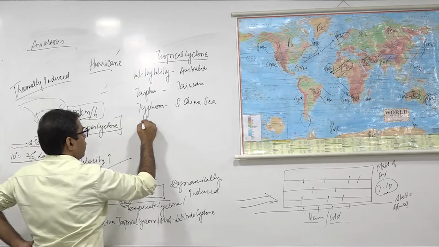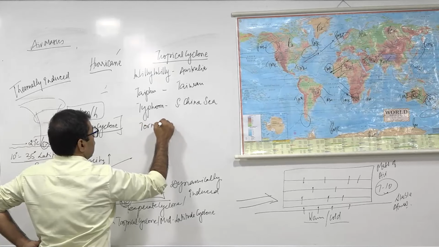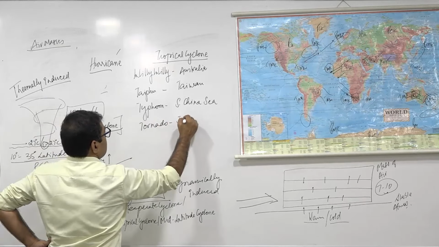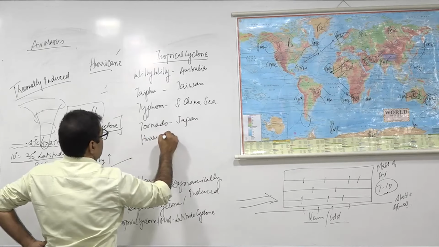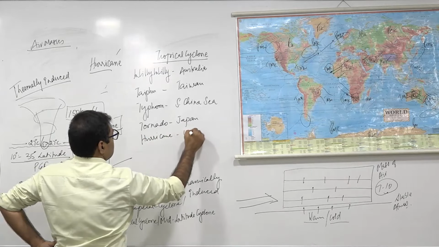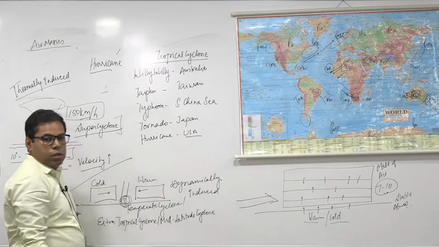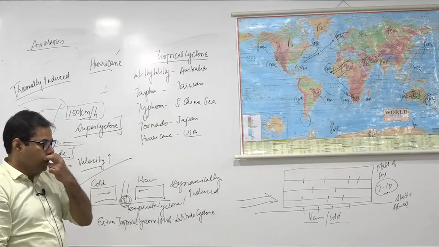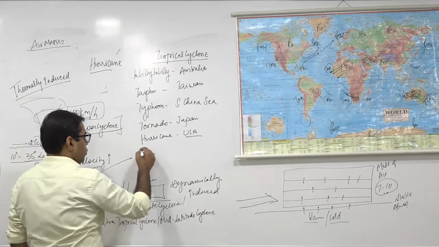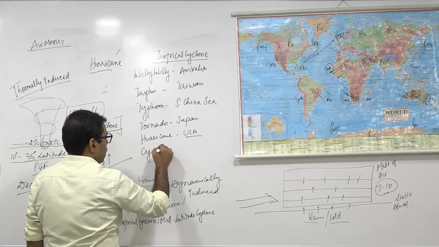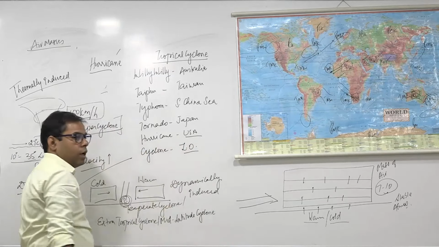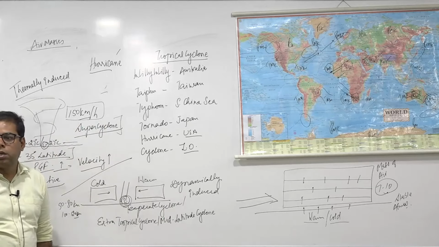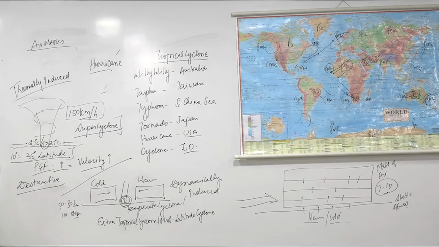It is called tornado in Japan. Hurricane in the USA, right? And cyclone in the Indian Ocean, India and Africa. These are the names of cyclones.